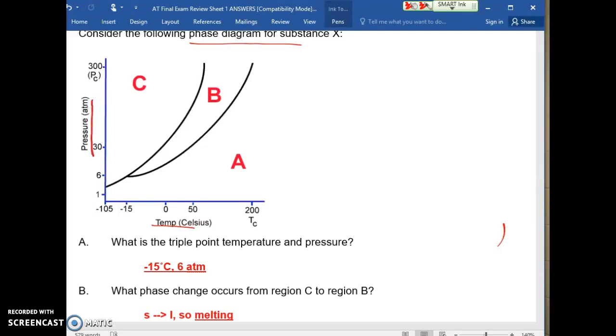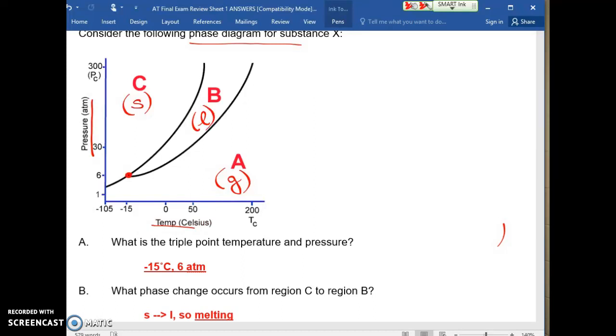So notice, if you're in C, these are the combinations of temperature and pressure at which we observe the sample in the solid phase. On the other extreme, A, that's a gas at these combinations of temperatures and pressures. And what comes between is a liquid. There's something called the triple point, which is right here.